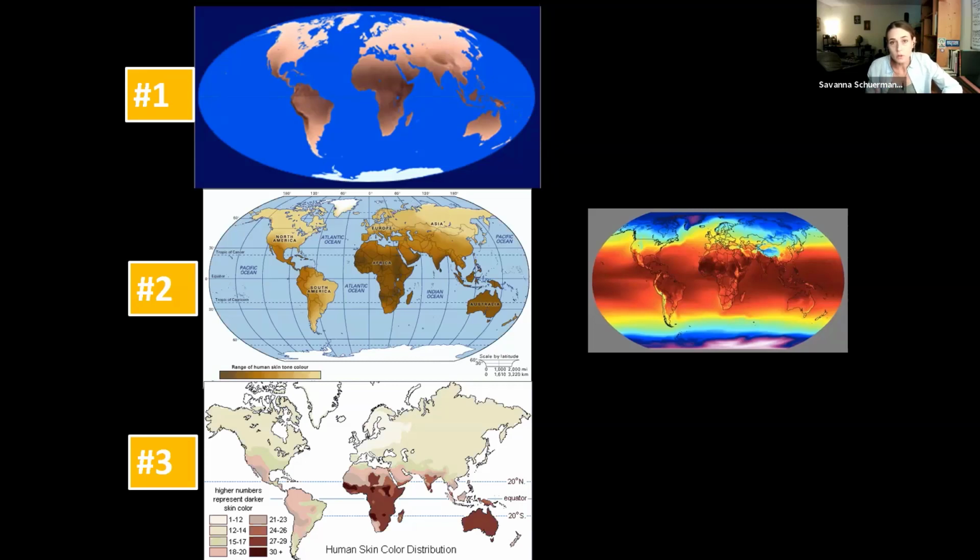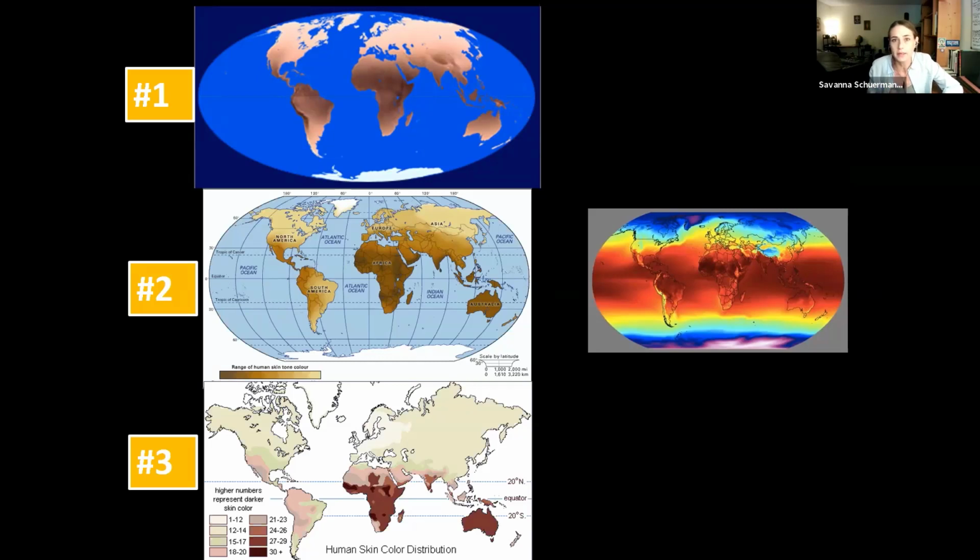As groups moved north and southward in latitude, where sunlight becomes less intense, UV is not as intense, less and less melanin became selected for, leading to lighter skinned individuals as you move north or south, because high levels of melanin are not as crucial at these latitudes where UV is less intense.